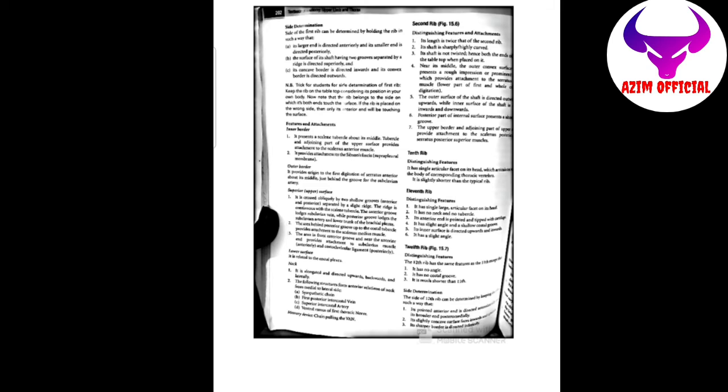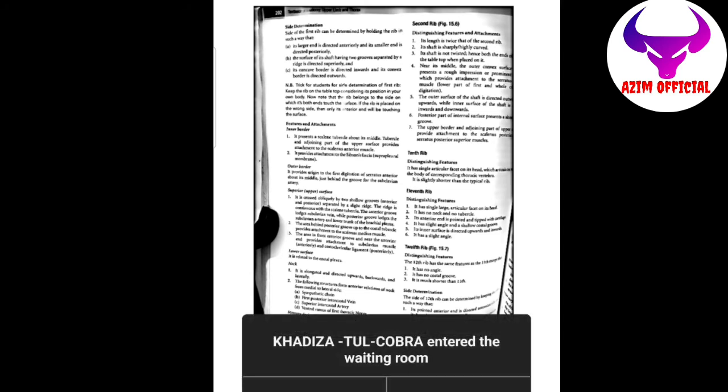But the first rib shaft is flattened, so it has an upper and lower surface. No typical ribs have upper and lower surfaces. But the first rib has an upper surface and lower surface, and outer and inner border. All typical ribs have an inner surface and outer surface, but this has an inner border and outer border, as you can see.